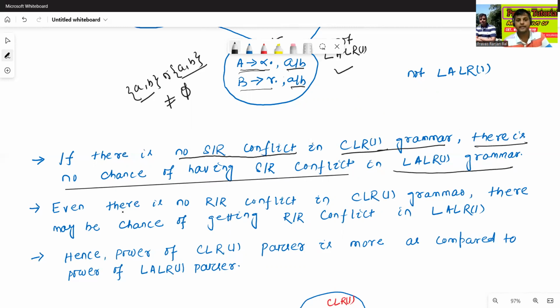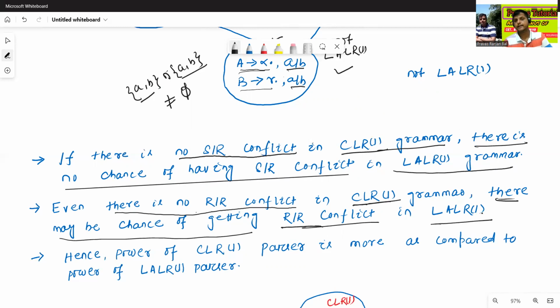Even if there is no RR conflict in CLR1 grammar, there may be a chance of getting RR conflict in LALR1.